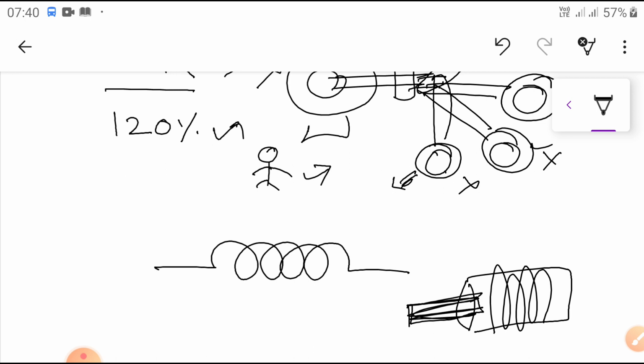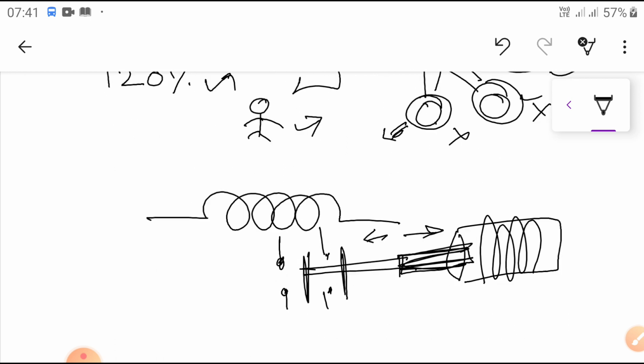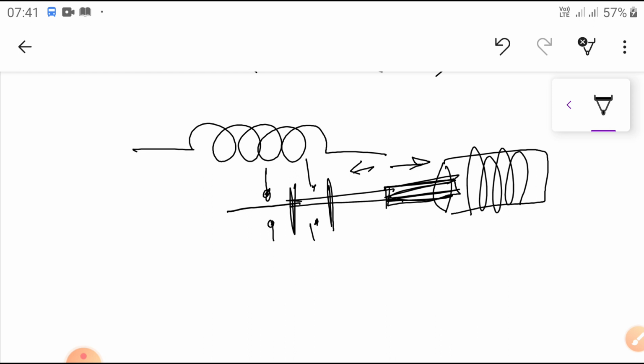The piston tries to move in this direction and that direction. It is connected to our switches. The input terminals are connected here, and the output goes in this direction.